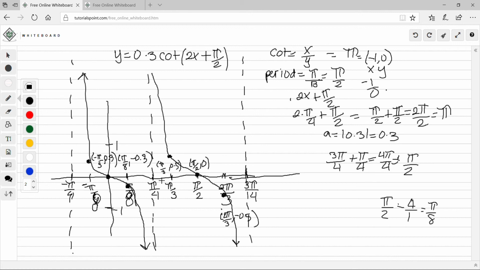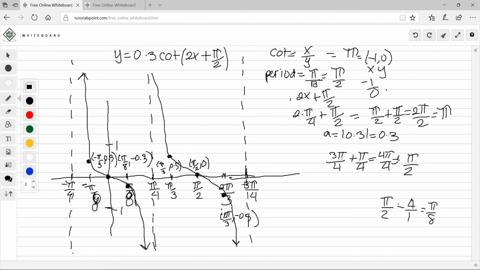So wherever there's a pi fourth, you put your vertical asymptote, and then you know how to make your 5 points. Remember, how we got pi eighths is you take the period and divide it by 4. So pi half divided by 4 is pi eighths.